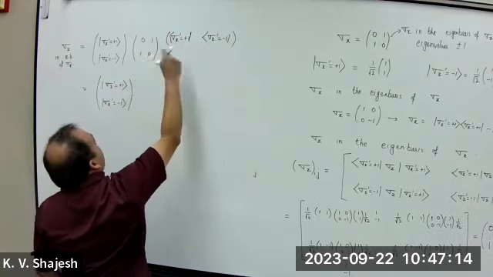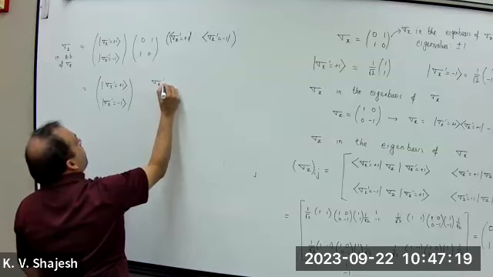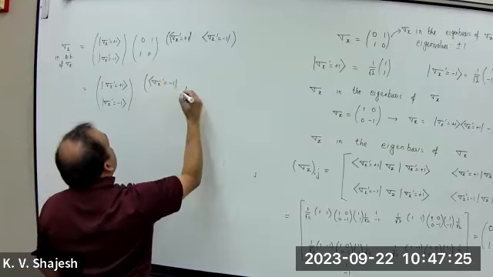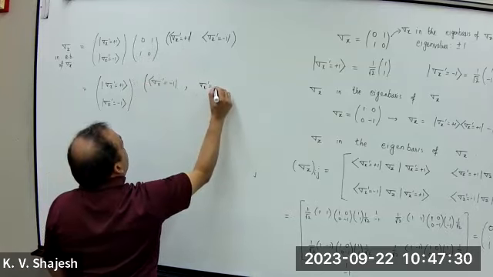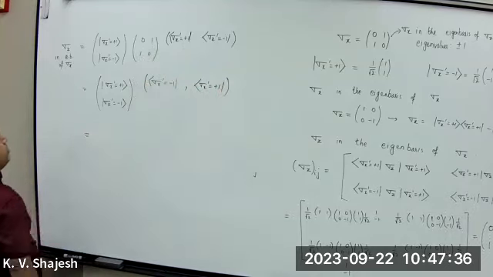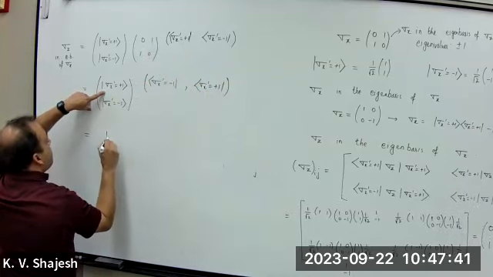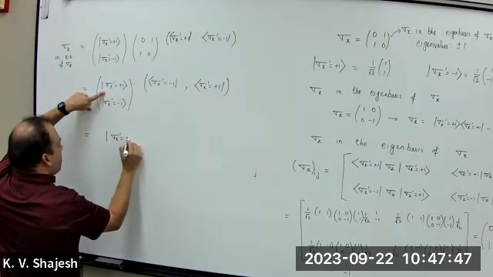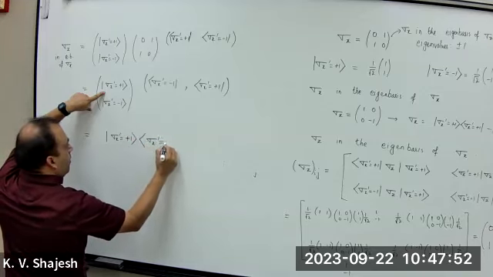And now our outer product formula: 0 times this, and this is sigma x prime is equal to -1, comma, sigma x prime is equal to +1. Notice how things are coming, this times this is a different value. So sigma x prime is equal to +1 is now going with sigma x prime is equal to -1.